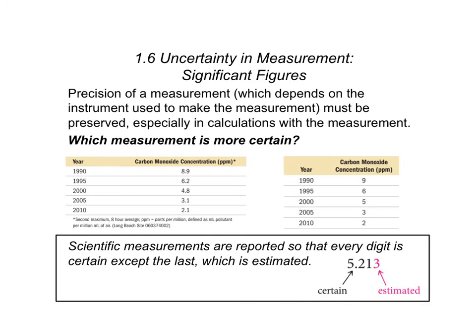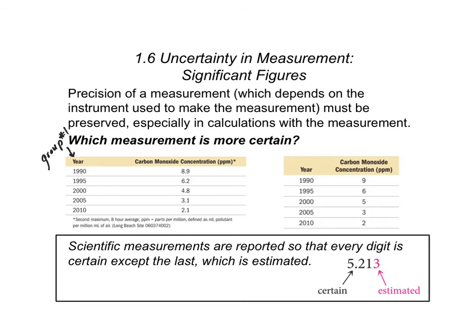Okay, so what do I mean by certainty with respect to instruments? Okay, so let's imagine that you have 2 different groups of scientists, okay, and they're both going out trying to measure the concentration of CO, so carbon monoxide, in the atmosphere, okay? And so one group, we'll say these guys are group number 1.